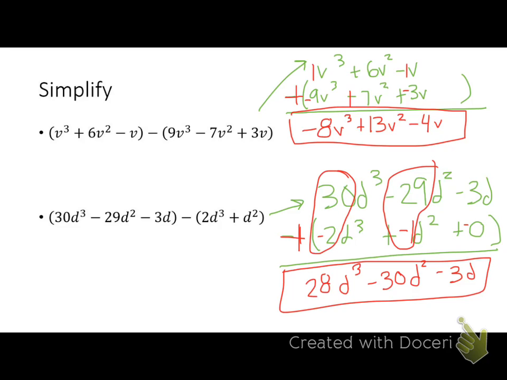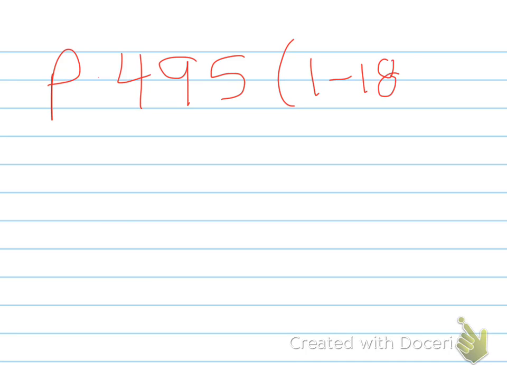Okay, that's going to be the end of this lesson, but I'm going to write out what your homework is. It is listed on Moodle and in RenWeb and in the email I sent you. Your homework is on page 495, and you're going to do problems 1 through 18.